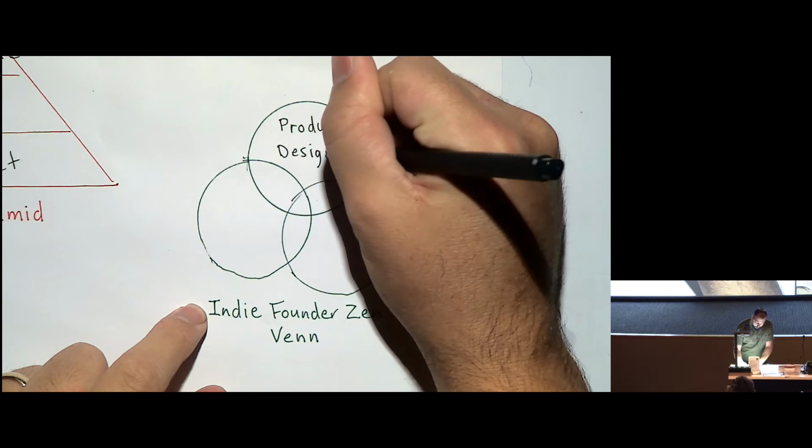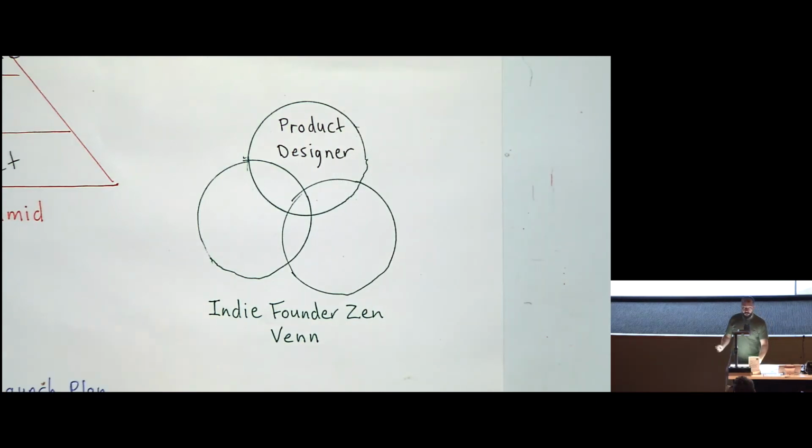Now, you want a product designer because you need someone who's going to understand the customer, understand a bit of UX, and understand how things should work, understand the industry broadly. They're going to be able to bring that sort of thing to the table. Okay? This is a person who might even design some of the interfaces, so do a bit of UI design.